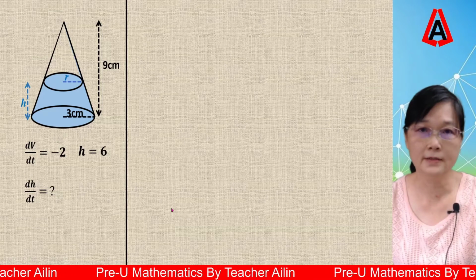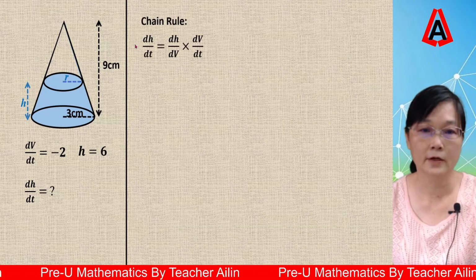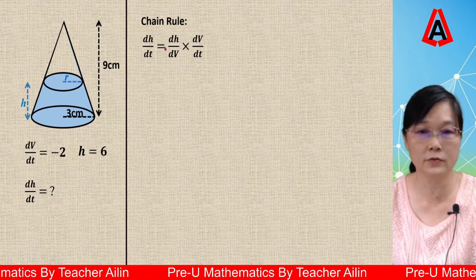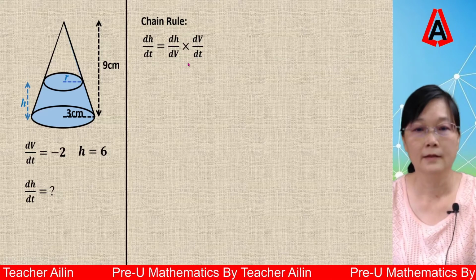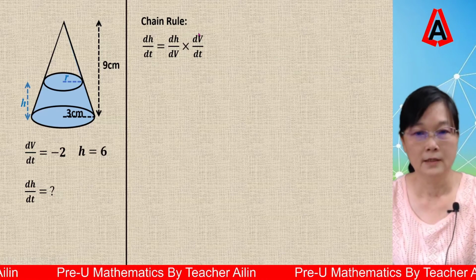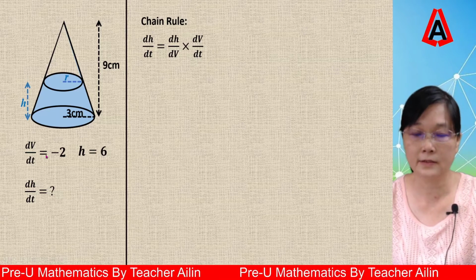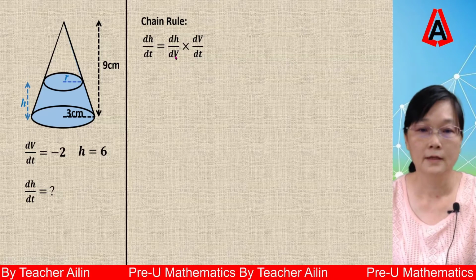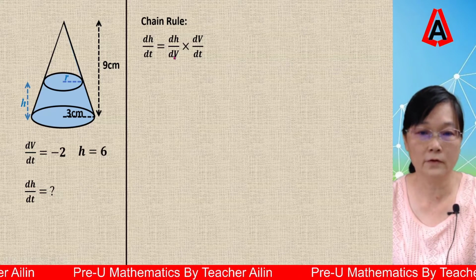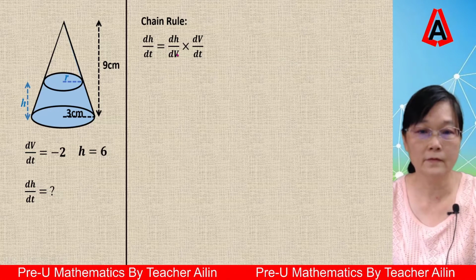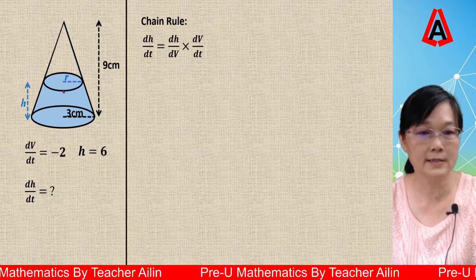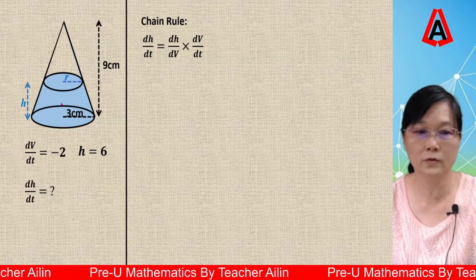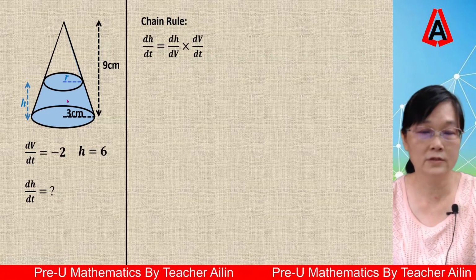So this is the information given. Now to find dh/dt, we are going to use the chain rule where dh/dt is equal to dh/dV times dV/dt. dV/dt is already given in the question. Now we need to find dh/dV. Now for the volume of the water, notice that the shape of the volume of the water in this cone is not in cone shape.